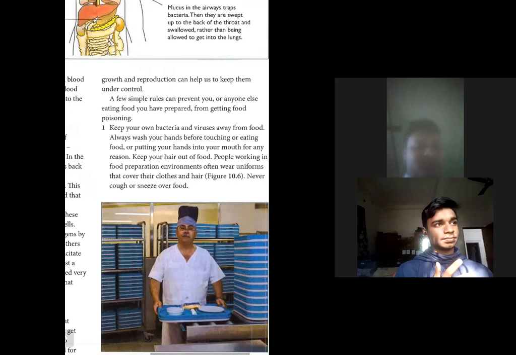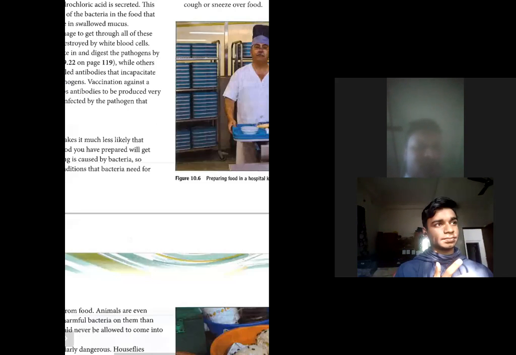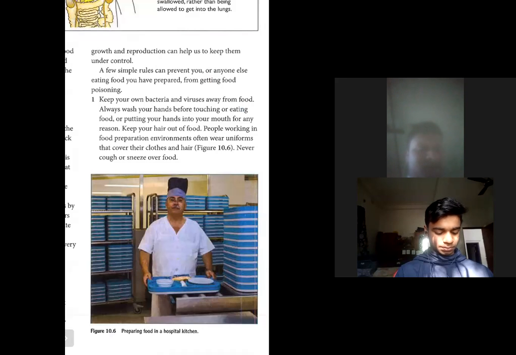We should also wear a particular uniform, so that the clothes in which we came to the kitchen area do not contaminate it. We must wear an apron or uniforms, as are available in industrial kitchens.